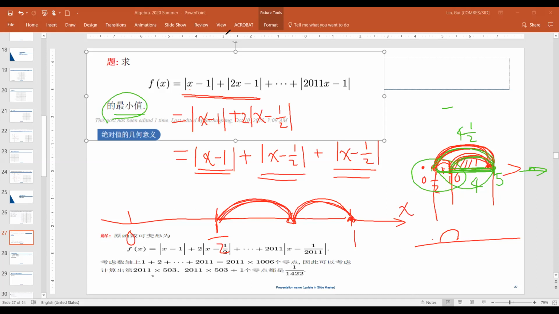If you move closer to this part, the distance here becomes smaller, right? And the distance here becomes bigger. So right now you need 2 times this distance and 1 time this part.